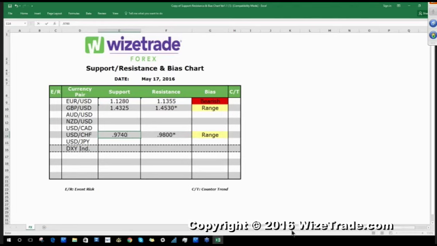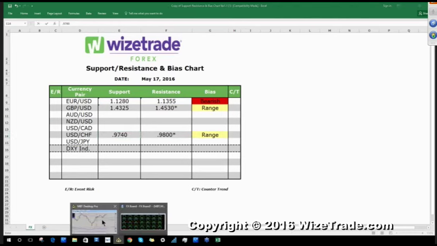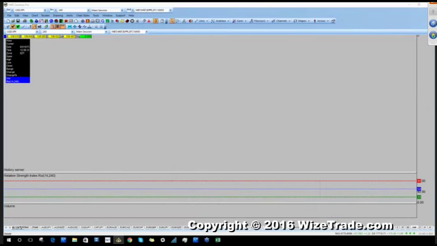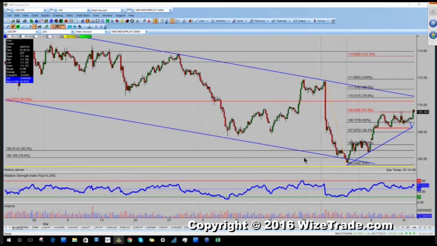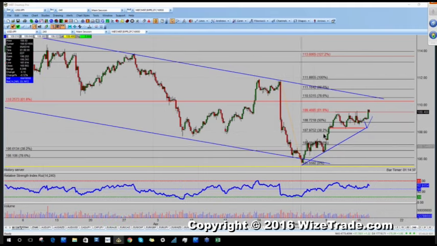All right, let's take a look at the dollar yen. So the dollar yen is above 109.50. And as Paul pointed out, we have GDP tonight out of Japan. He seems to think that it's going to be a pretty big deal.